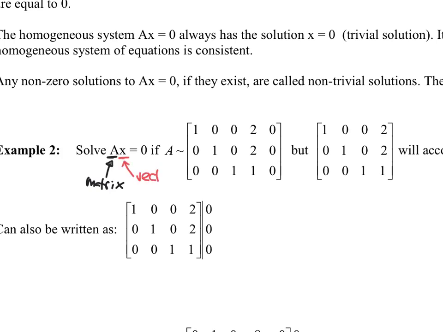And vector. Terminology and notation are really important, because people who sit for this test don't familiarize themselves with that. They just can't get past the fact that it looks like an algebraic expression.